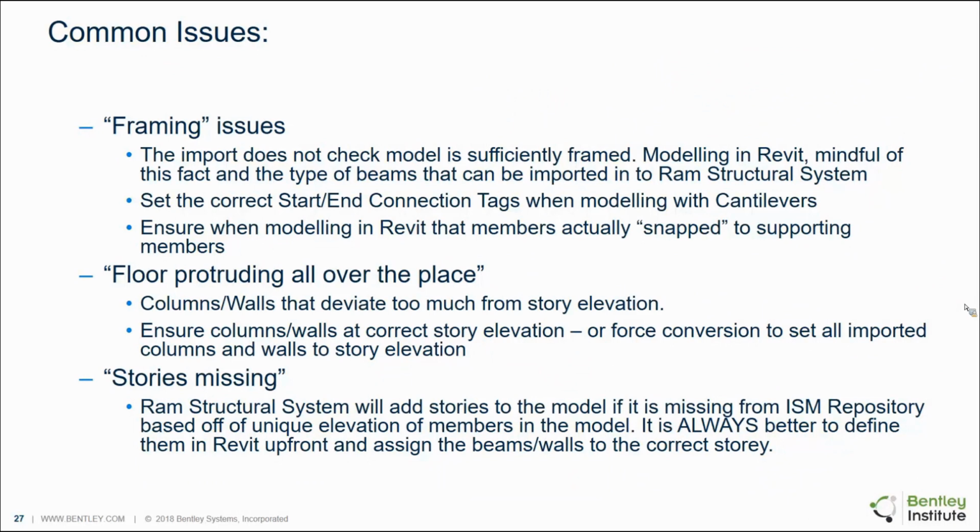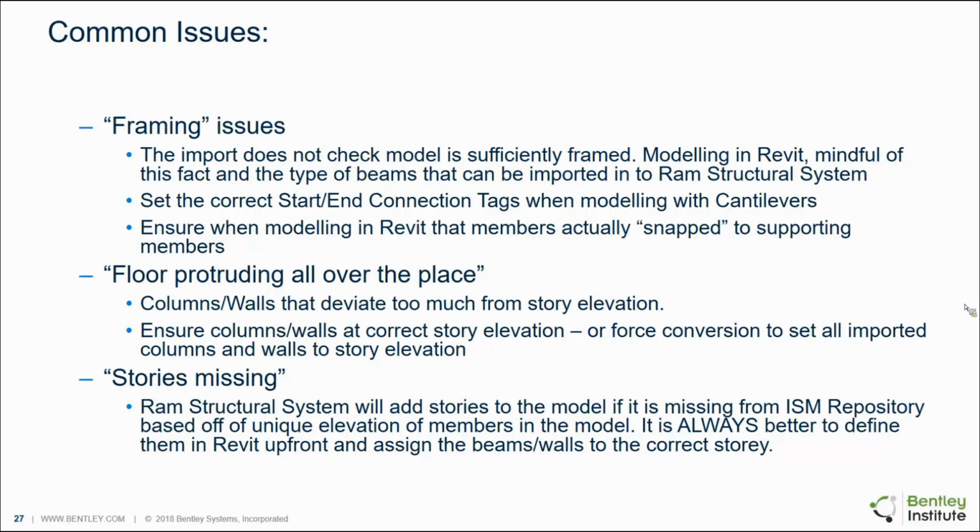Sometimes we get support requests relating to the ISM import going okay, but when they see the model in RAM structural system, it looks like the floor was protruding all over the place. So what's happening here is the way RAM structural system deals with floors. The floors themselves don't have a slope property, if you will, like you do in Revit.